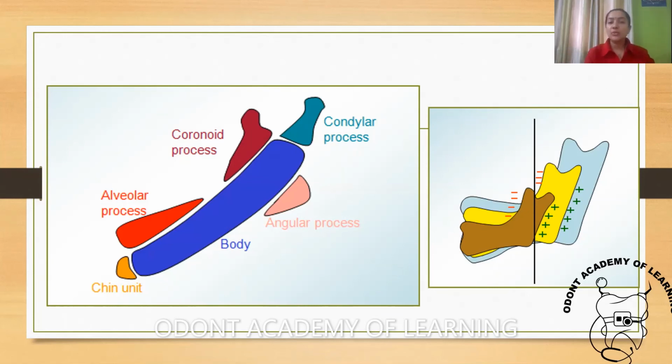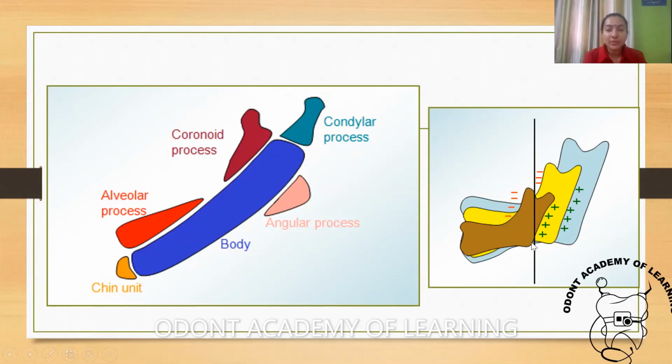That is what is shown in the figure. Separate growth is occurring in your condylar region, coronoid region, ramus, angle, body, alveolar process, as well as the chin. This is how it all grows, by the process of remodeling. The bone is getting deposited here and resorbed here.